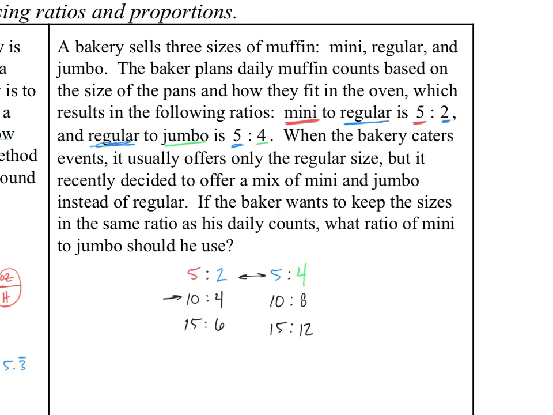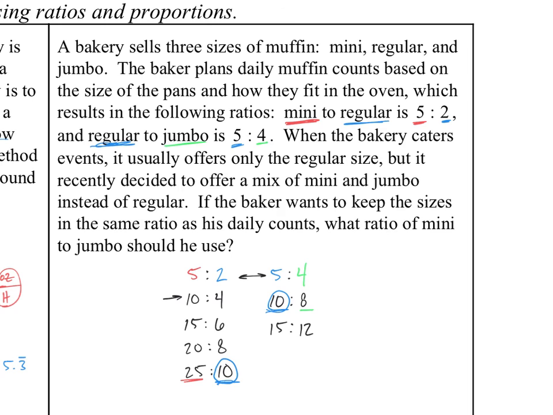So I want to do this until I end up with two ratios, one in this column, one in this column, where the number of regular muffins is the exact same. So if I keep this going here on the left, 20 to 8, 25 to 10, you'll see this is where we find that we actually do have two ratios, where now I have a ratio that says 25 mini muffins is the same as 10 regular muffins, and that same 10 regular muffins is the same as 8 jumbo muffins.